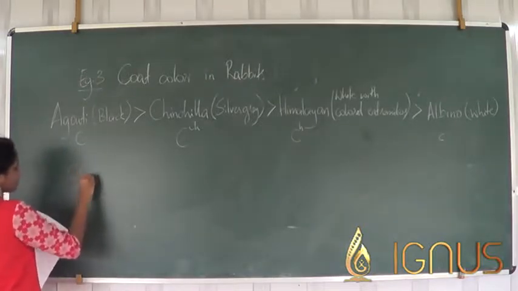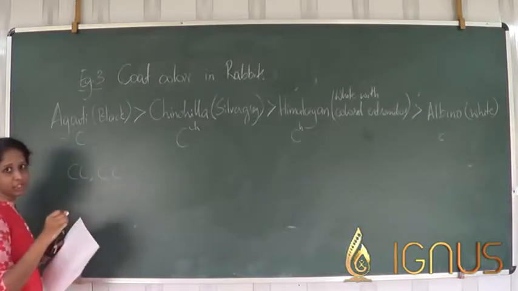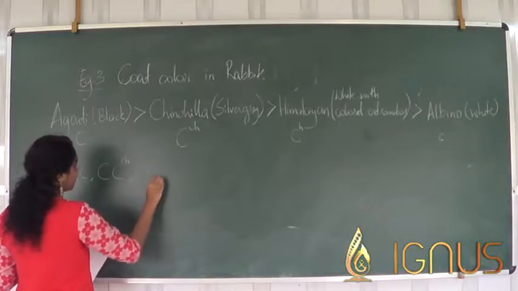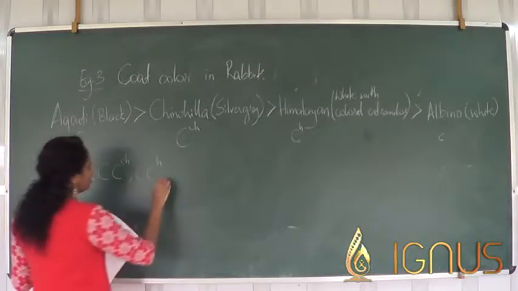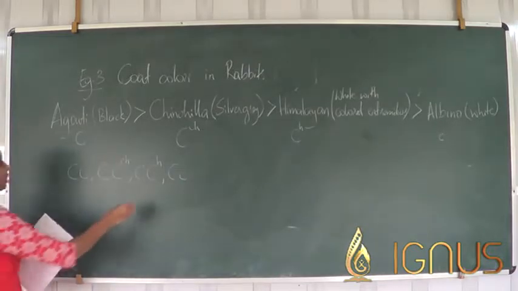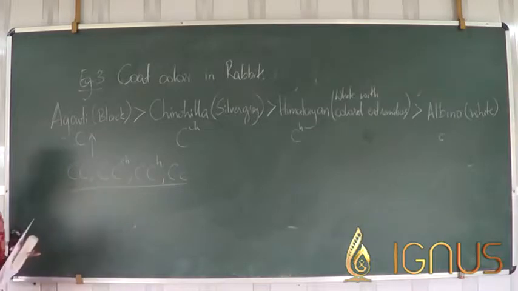If you have homozygous double C, or heterozygous CCH, or heterozygous C and small letter c, all of these genotypes are going to give rise to agouti.